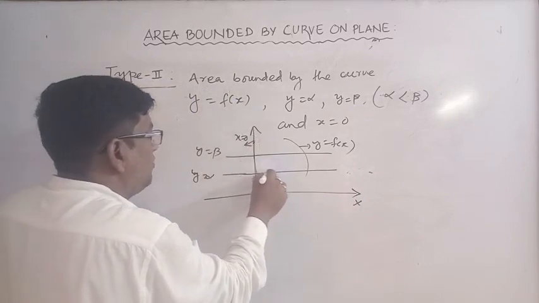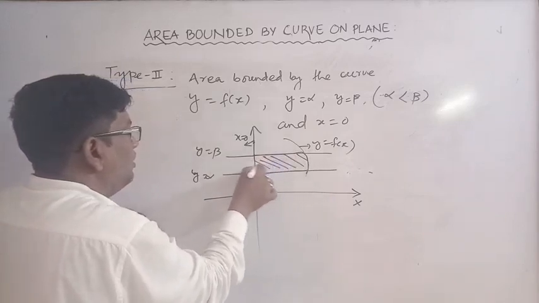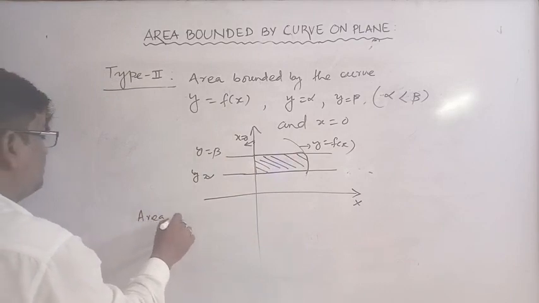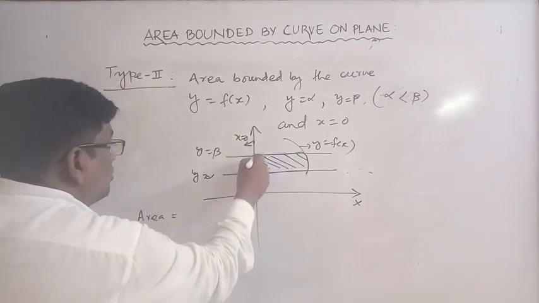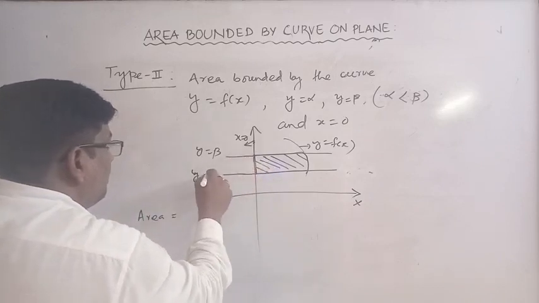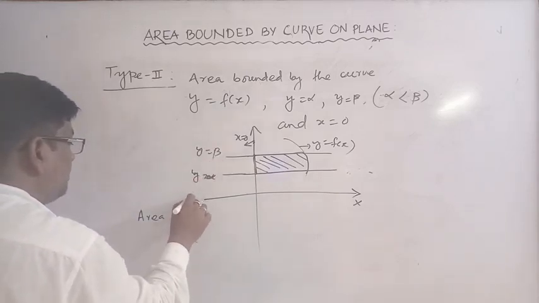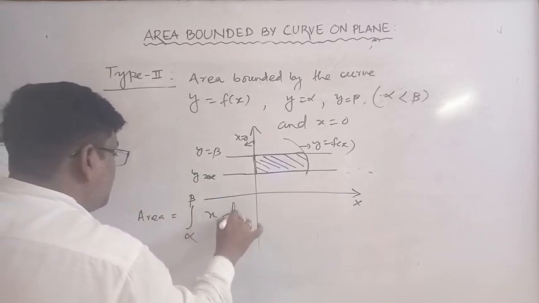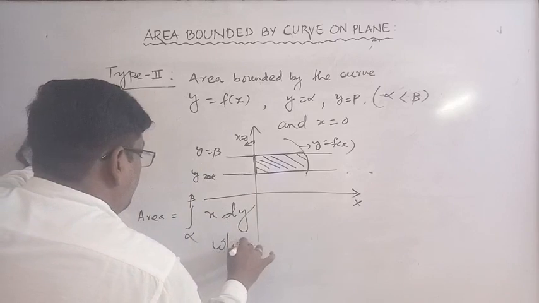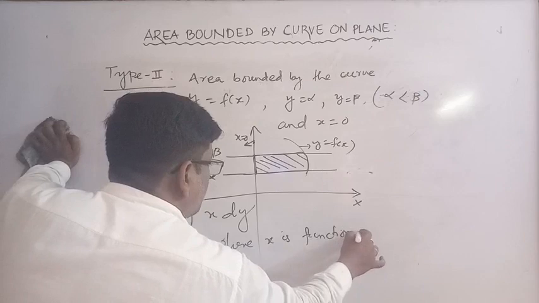So the area of this region is equal to the integral with lower limit alpha and upper limit beta of x dy, where x is a function of y.